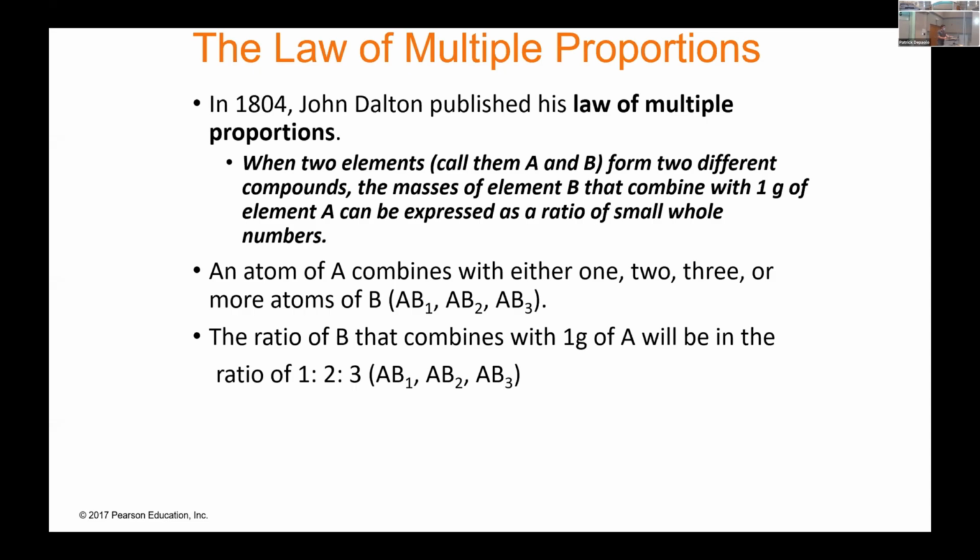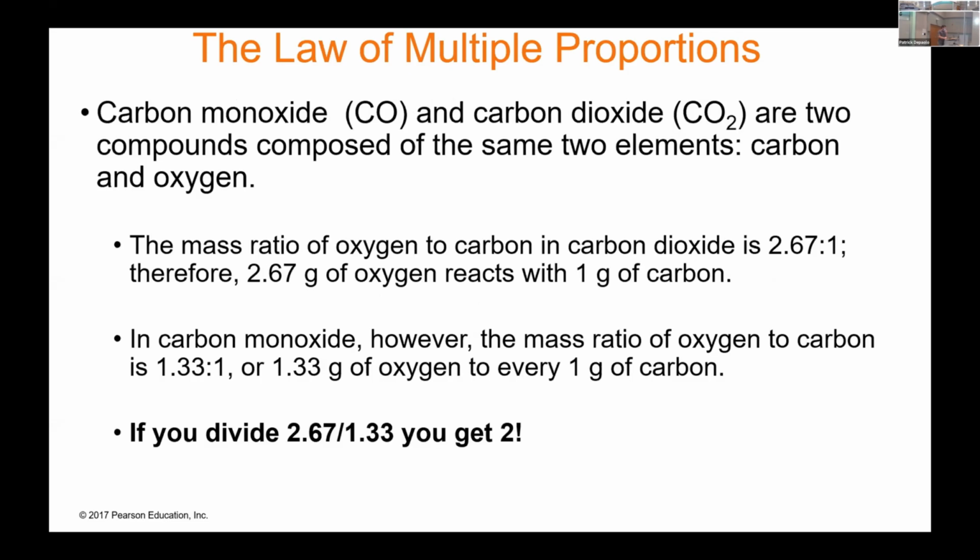So, and they show an example. Well, let's just go by example. That's the best way to do it. So here's an example using 2 very simple compounds, carbon monoxide and carbon dioxide. The mass ratio of oxygen to carbon in carbon dioxide is 2.67 grams of oxygen to 1 gram of carbon.